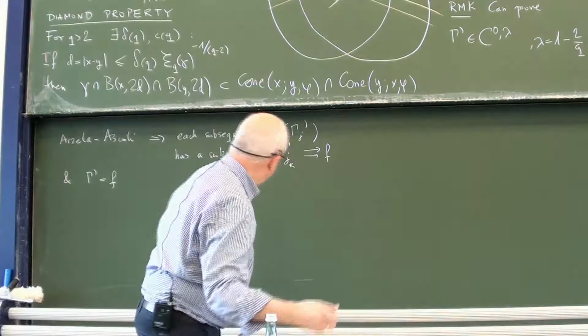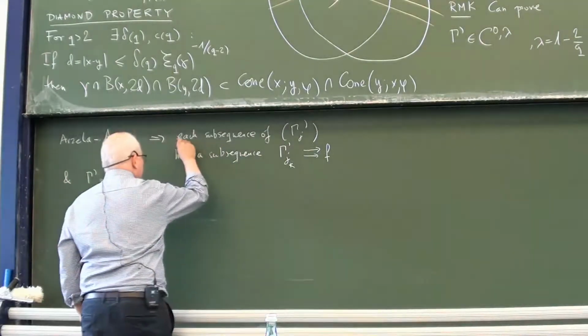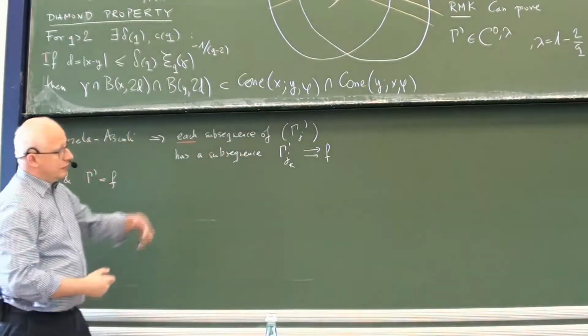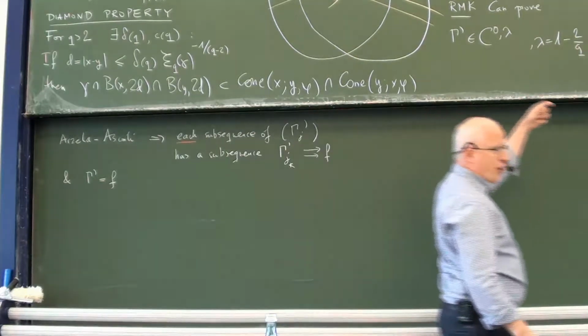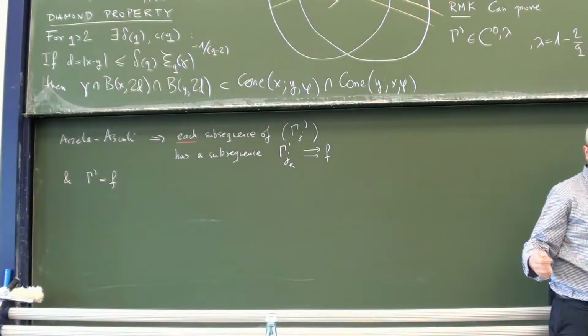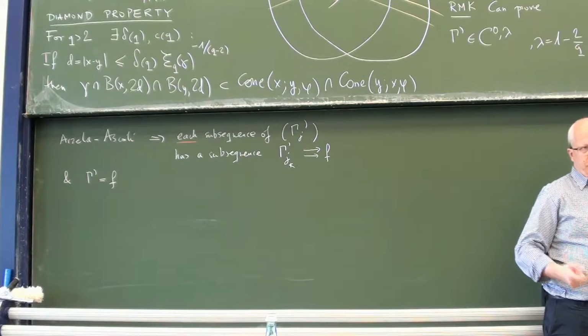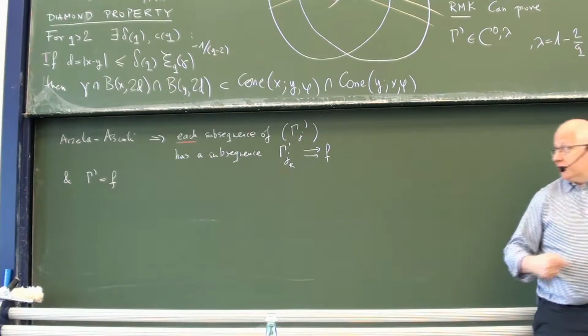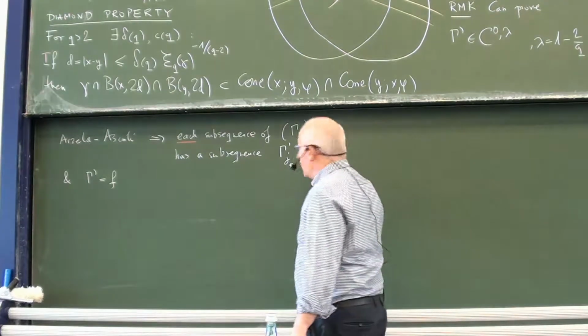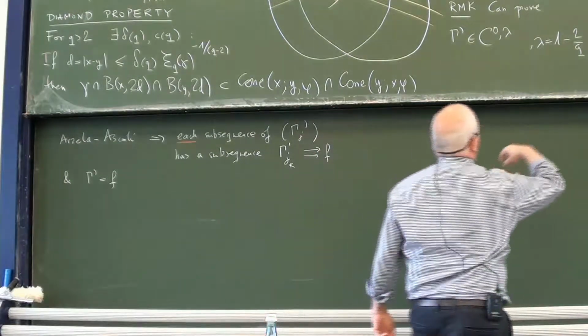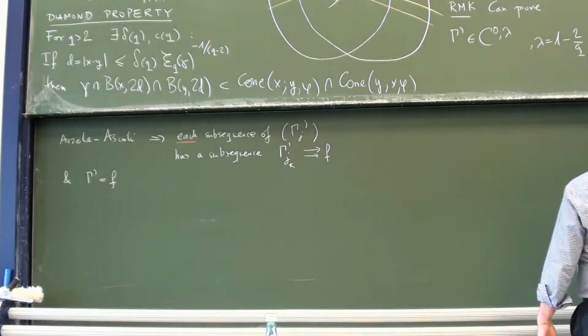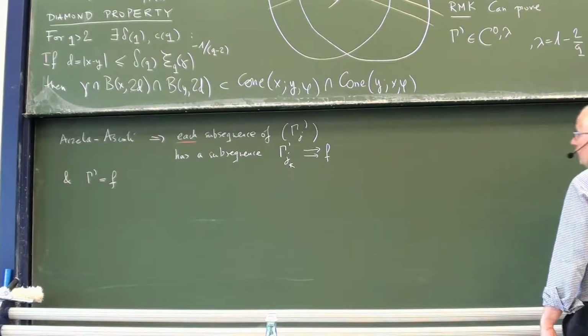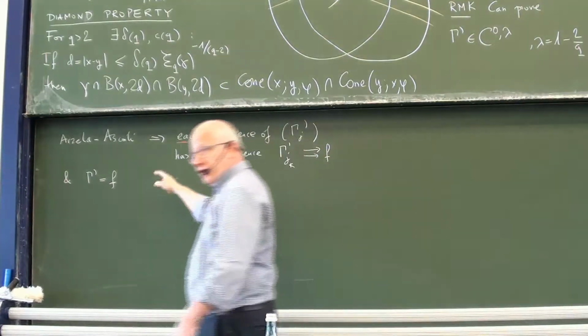So, because this happens for each subsequence, you can start with the initial gamma_j prime, take any subsequence that you like, apply Arzela-Ascoli, select a convergent subsequence. It converges to something, but you know that the gamma_j converge themselves, so this f has to be the derivative of the limit.